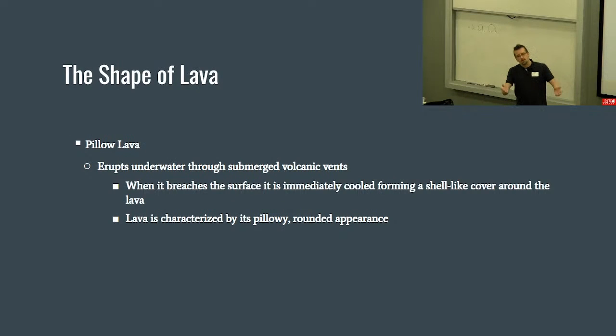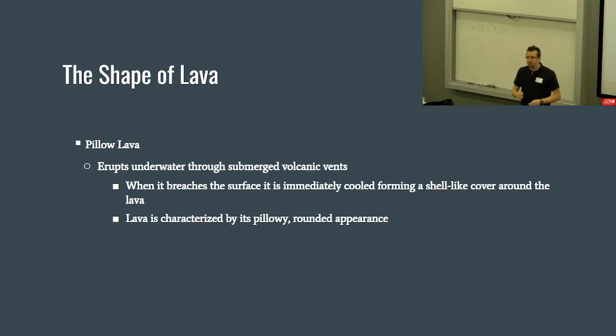But then we have pillow lava. So imagine there's a volcanic bed underwater, and again, we come back to Hawaii. I often bring many of my classes back to Hawaii to talk about this, is that a lot of the lava bursts up through these hot spots, right?